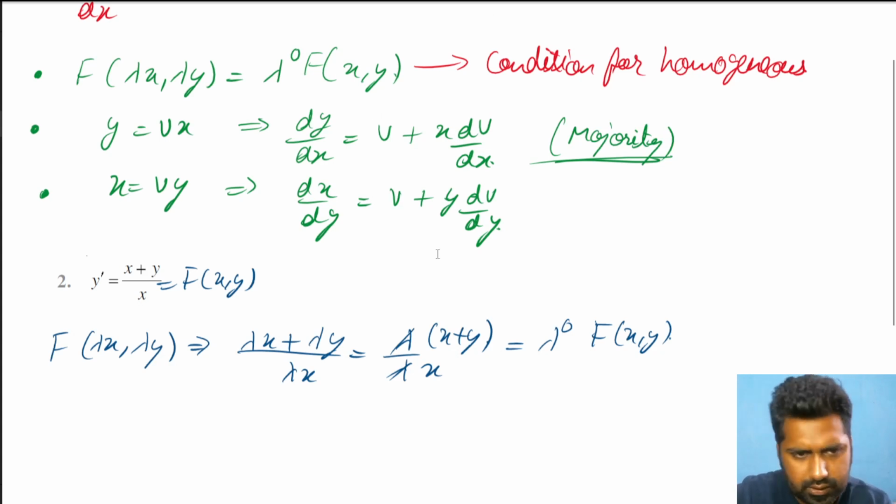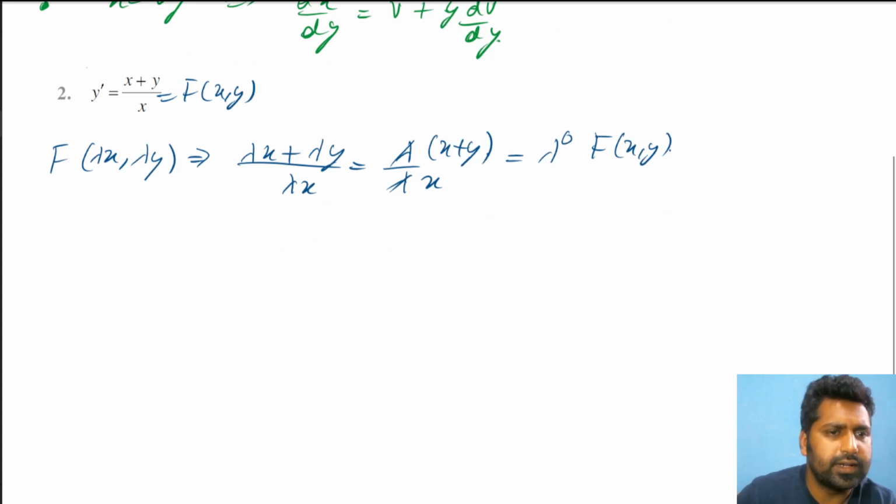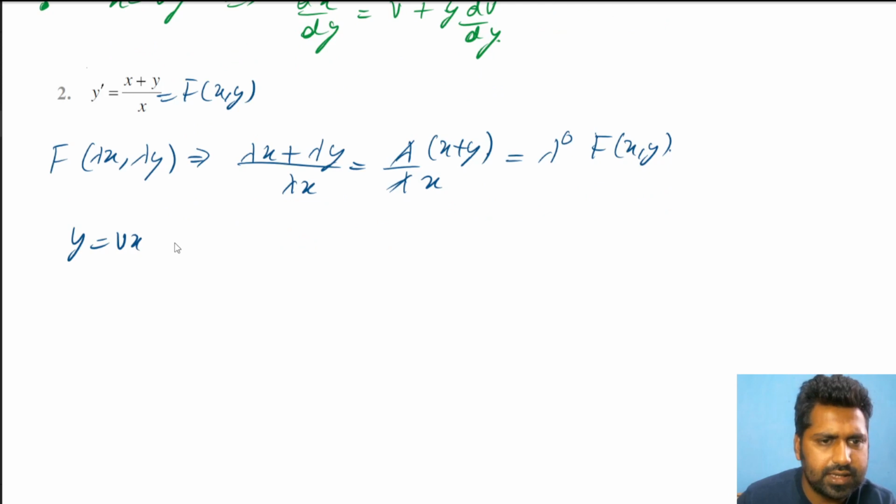Given that I am calling this equation a homogeneous one, there is a way to solve it. We know what that is. Do the substitution of y is equal to vx and dy by dx, or y dash, is equal to v plus x dv by dx.